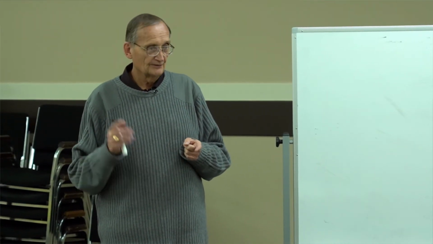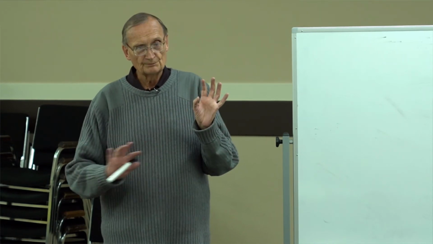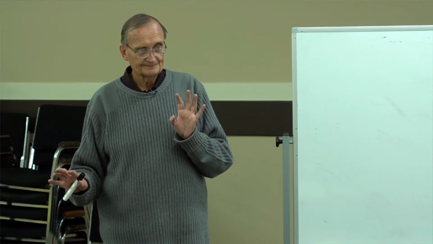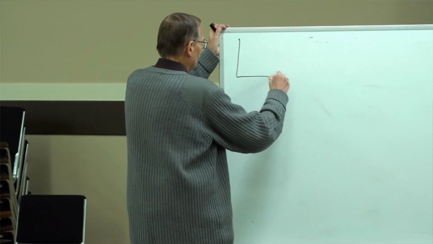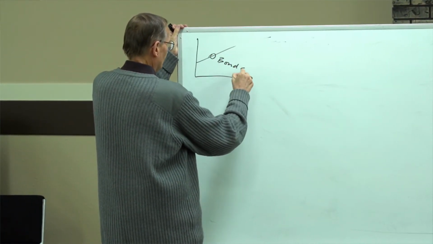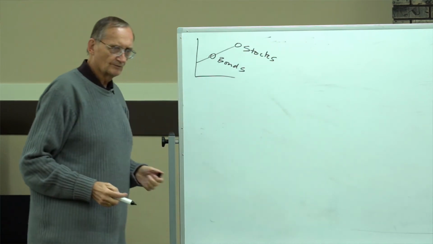You're going to find out, and they'll tell you in the mutual funds, stocks have a lot more risk than bonds. Is that okay? So if I was doing that diagram again, I'd be putting bonds here, and I'd be putting stocks here. We okay?